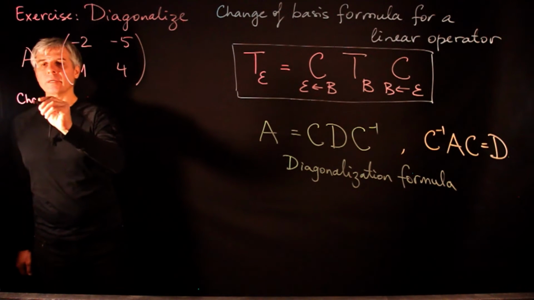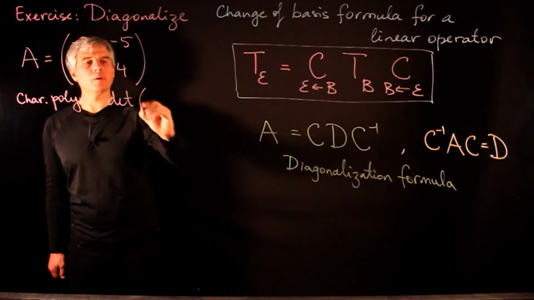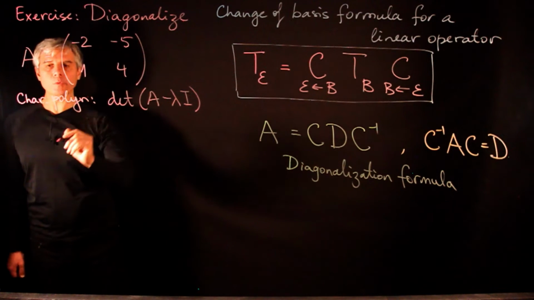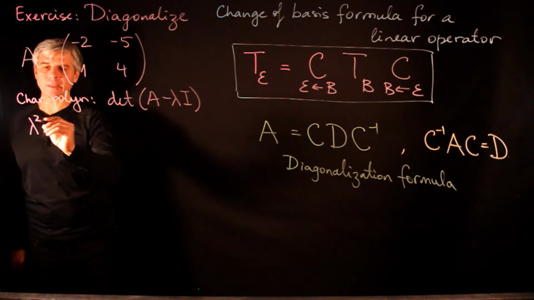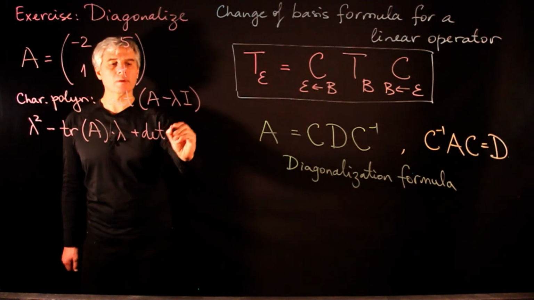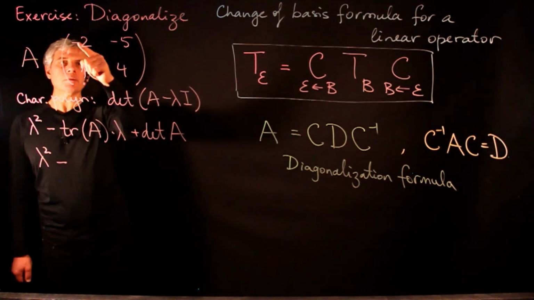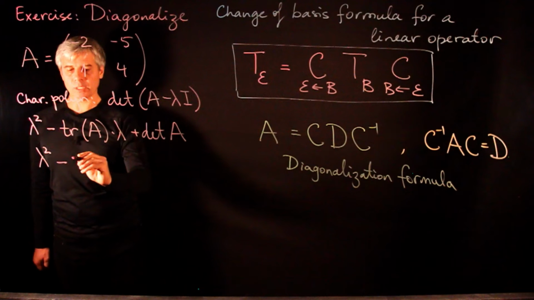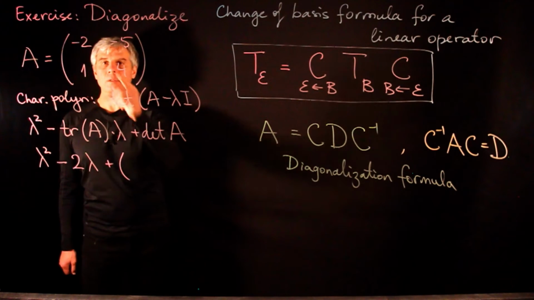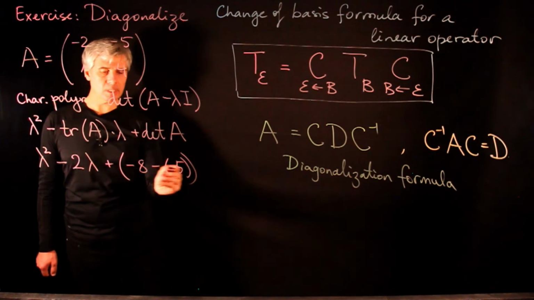We begin by computing the characteristic polynomial. So here it's the determinant of A minus lambda I. For 2 by 2 matrices, we know the characteristic polynomial is lambda squared minus trace of A times lambda plus determinant of A. And so here this becomes lambda squared minus 2 lambda, since the trace is the sum of the diagonal entries, and the determinant is going to be minus 8 minus minus 5, so this is minus 3.